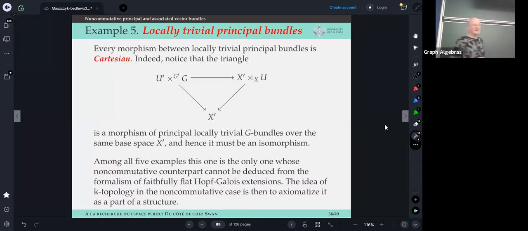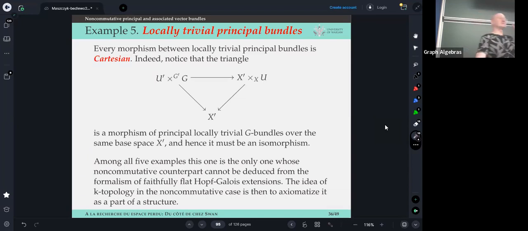And finally, for locally trivial principal bundles, we have the following principle: every morphism between locally trivial principal bundles is Cartesian in this sense.